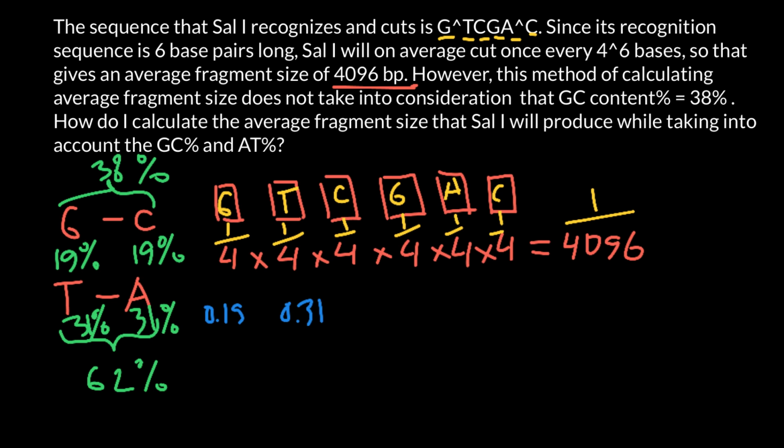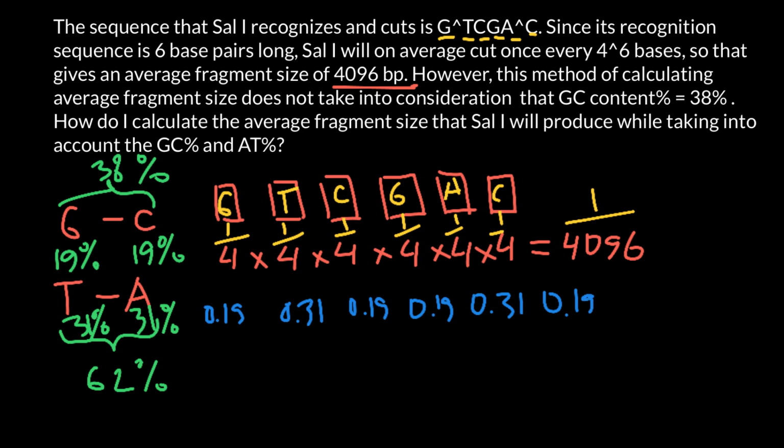probability. Cytosine next also would be 0.19. Guanine 0.19. Next adenine 0.31, and the last one, cytosine, would be 0.19.